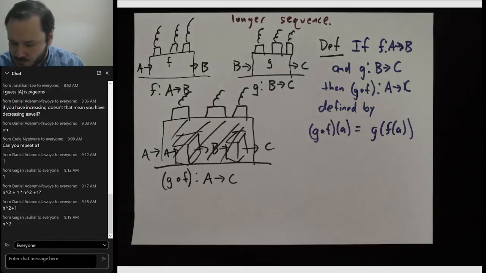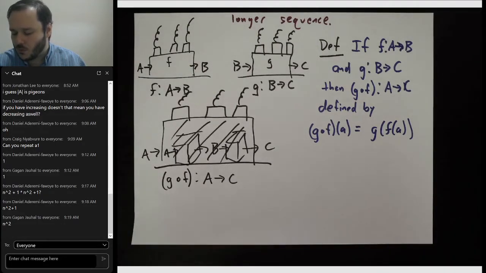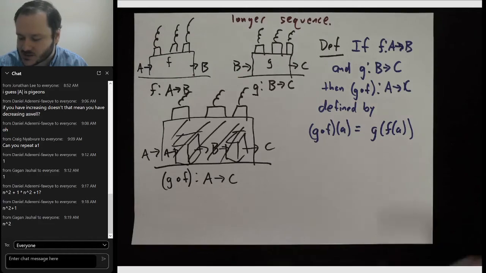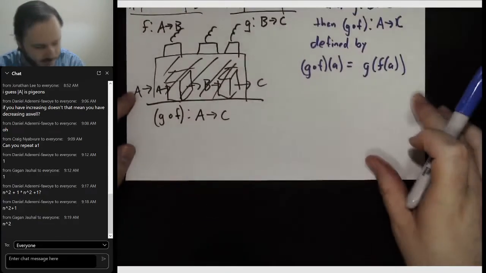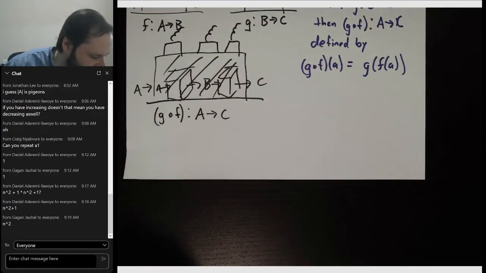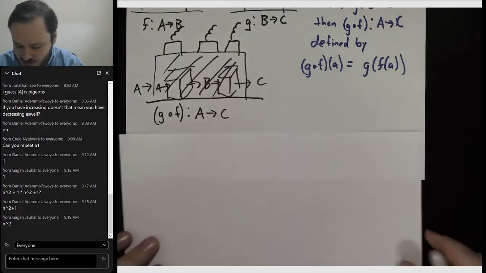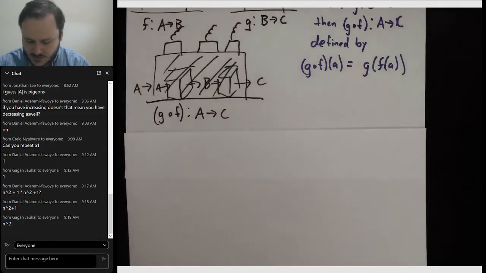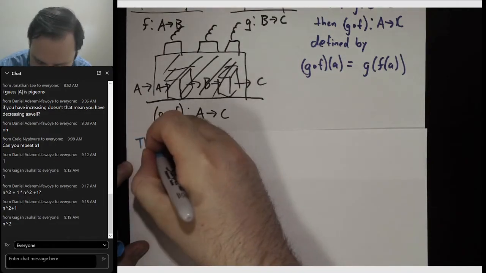So here's my question. What can we say about G composed with F if we know things about F and G? So let's start with a basic example. So theorem.